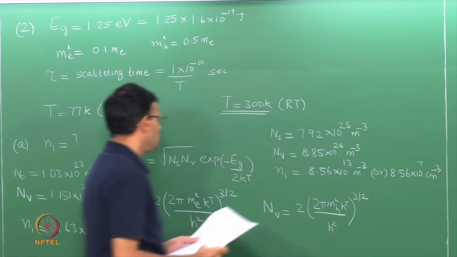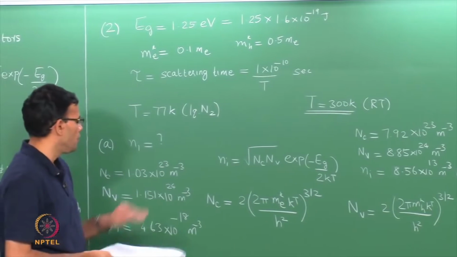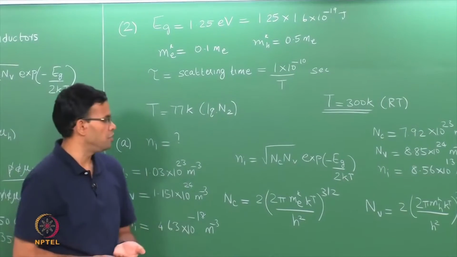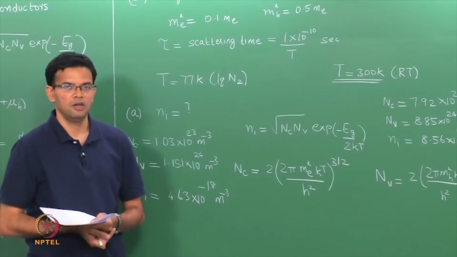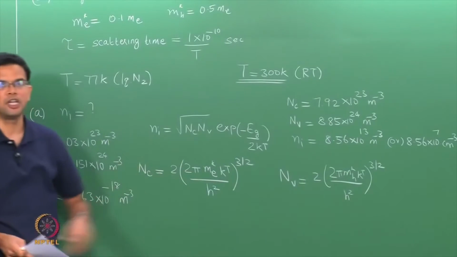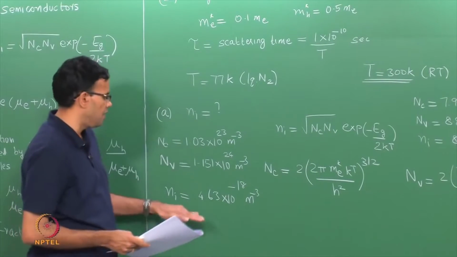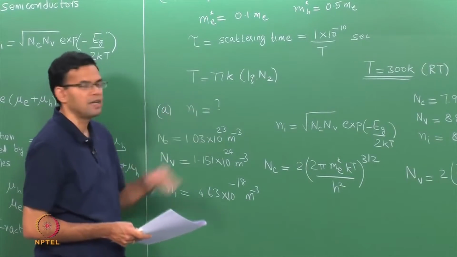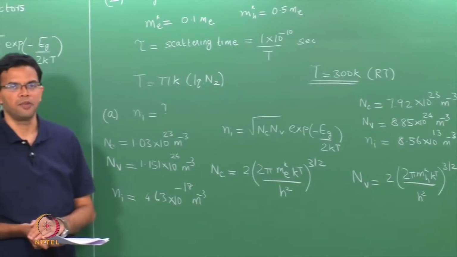So, your Nc and Nv values, if you look, are off by only one order of magnitude because of the rise in temperature, but because your Ni depends exponentially on the band gap, there is a huge variation between 77 Kelvin, which is liquid nitrogen temperature, and 300 Kelvin, which is room temperature.